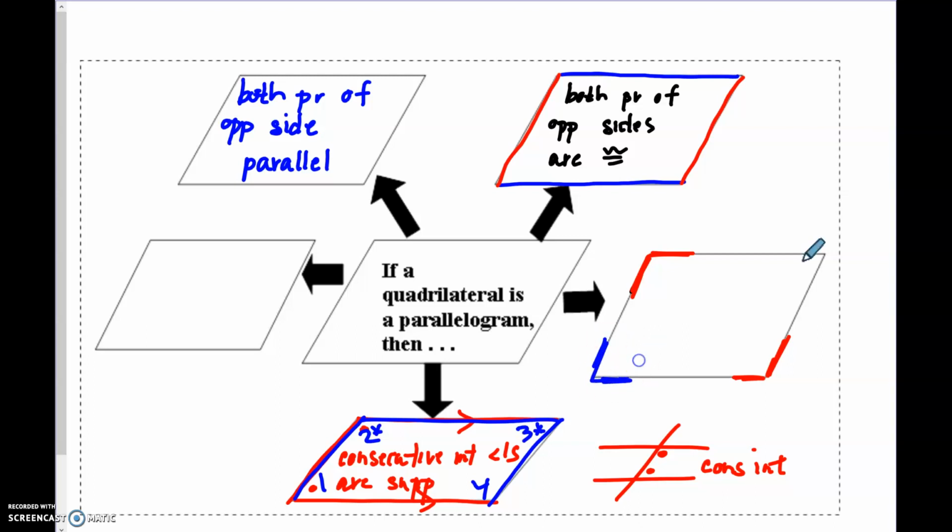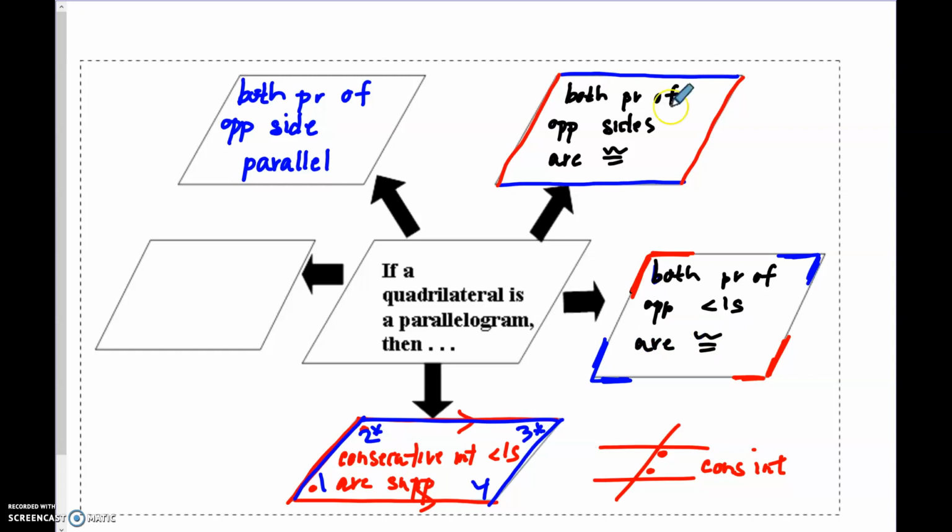So this blue angle and this blue angle are going to be congruent, and the two red angles are going to be congruent. So both pairs of opposite angles are congruent.